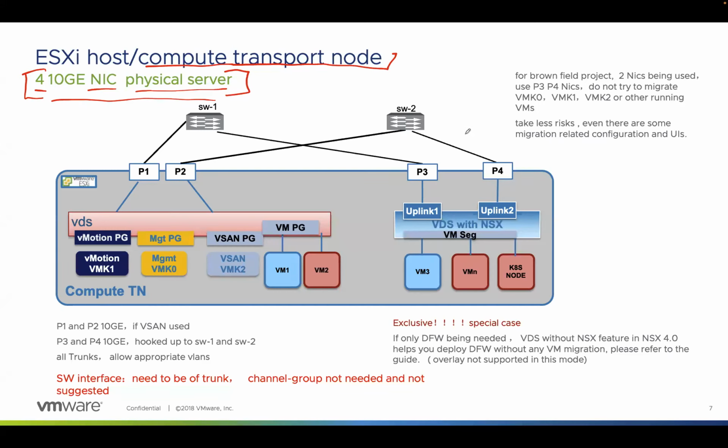But many times the customer has a brownfield project, with some old or existing physical machines you have to leverage, so that may be the real design for the compute transport node. So you have to ask for a physical server with four 10 gig NICs. That'll be better for you to go ahead.